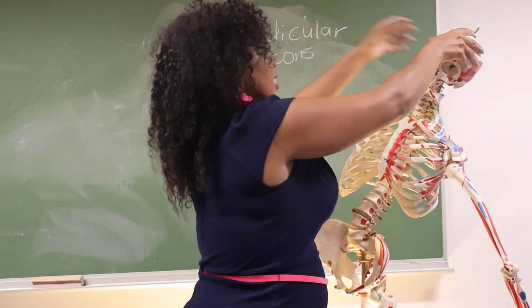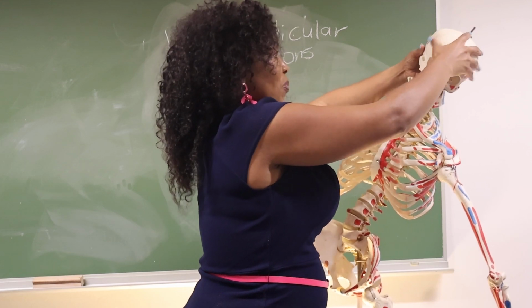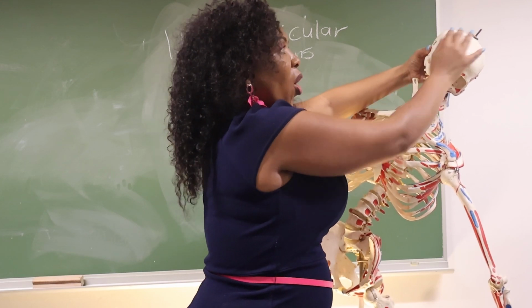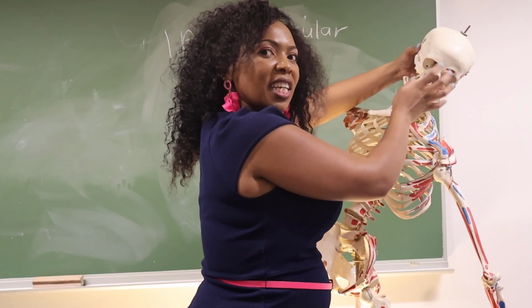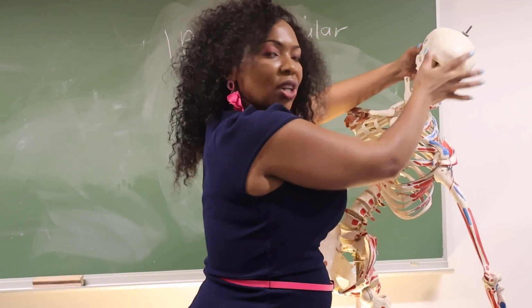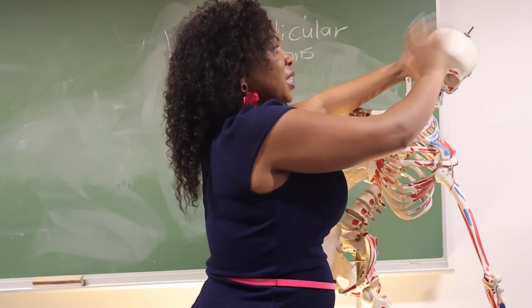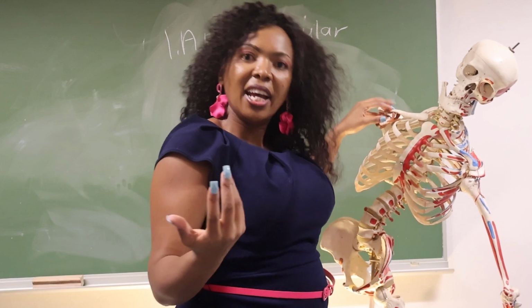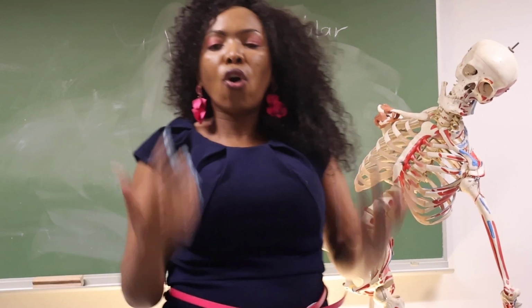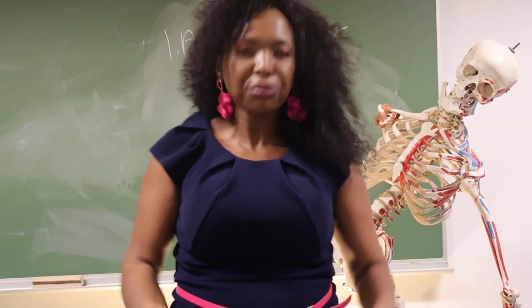And also look at the skull as well. It protects everything in the brain. The brain has very important, delicate, sensitive structures. So it protects everything in the brain. Hence the axial is mainly for protection.